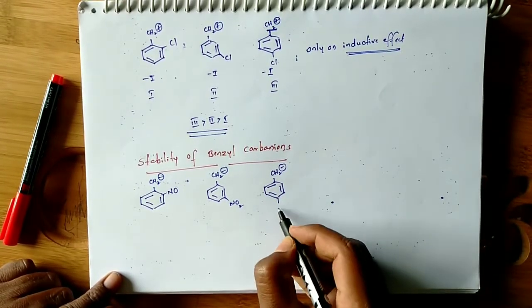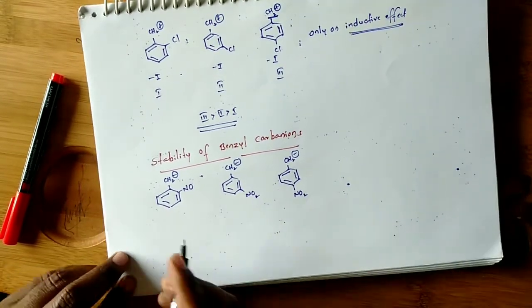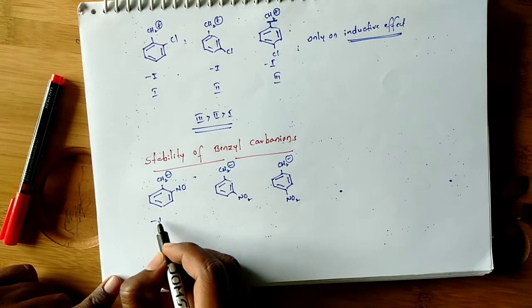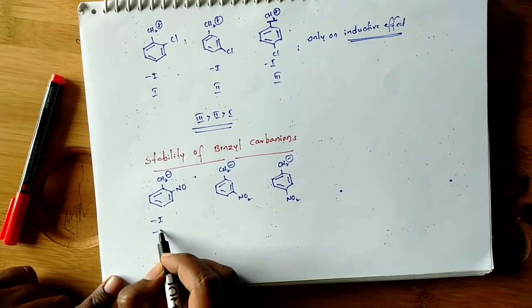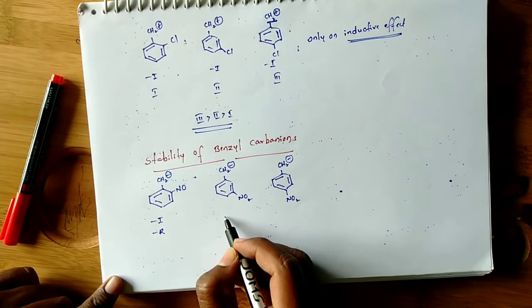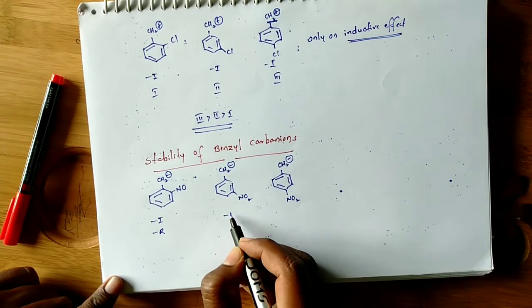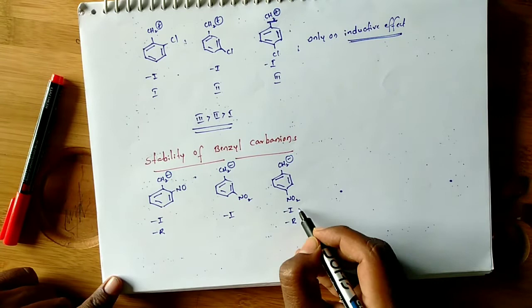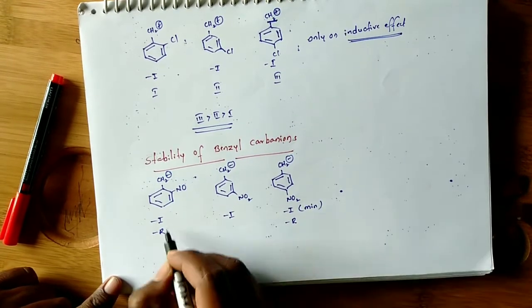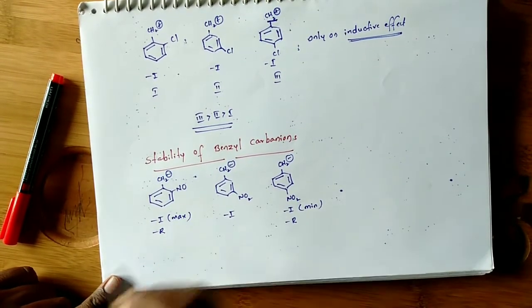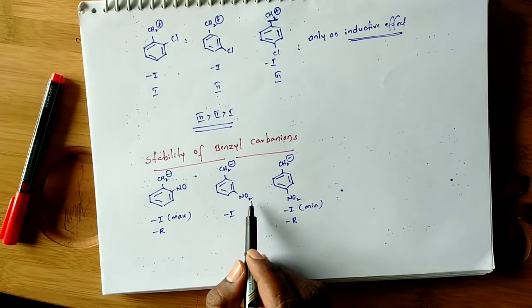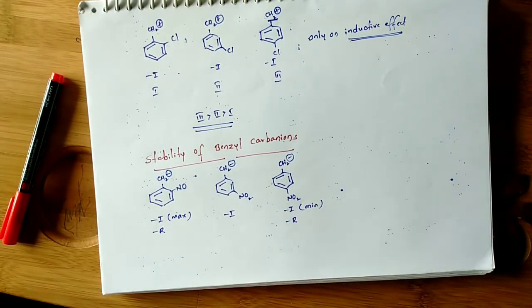at para position. As we discussed earlier, here minus I effect and minus R effect both are acting, dominating. Here minus I effect only. Here minus I effect and minus R effect, but minus I is minimum here, maximum here. So a withdrawing group means it is stabilizing. In three cases it is stabilizing.